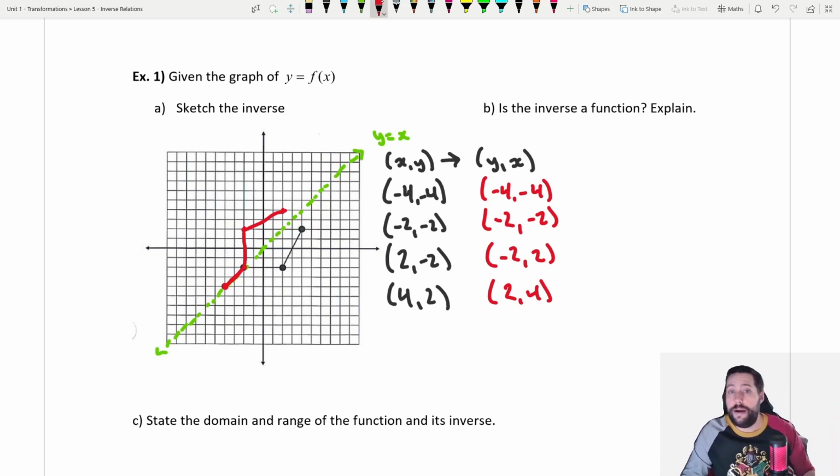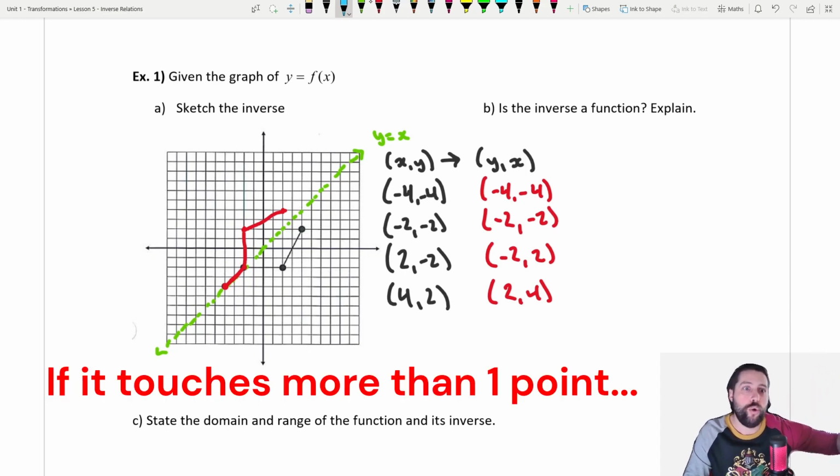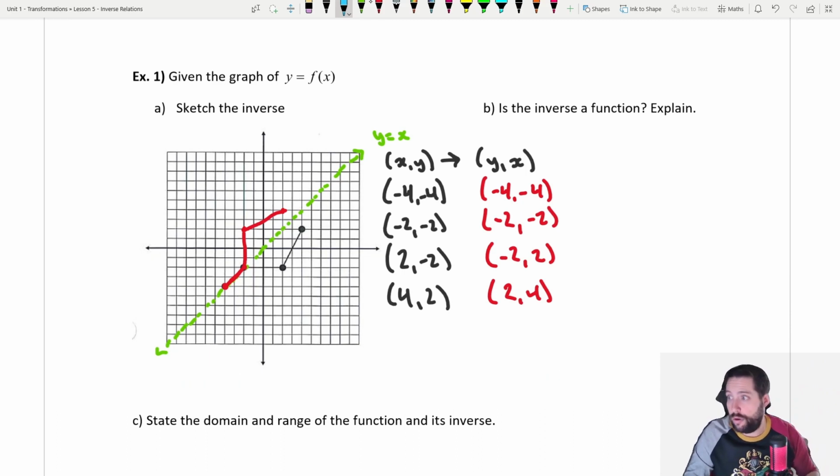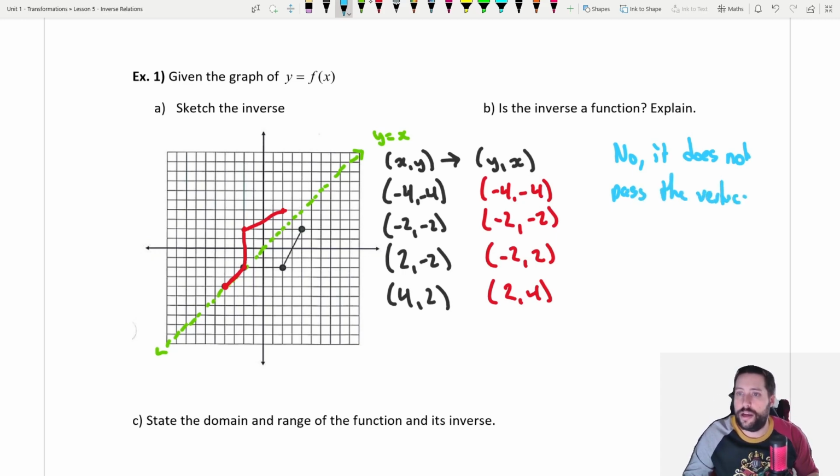Okay, so is this inverse a function? In order for it to be a function, it has to pass what's called the vertical line test. That means you draw a dotted line vertically through the graph, and if it touches more than one point on that vertical line, then it will not be a function. So we'll have to say no in this case. It does not pass the vertical line test.